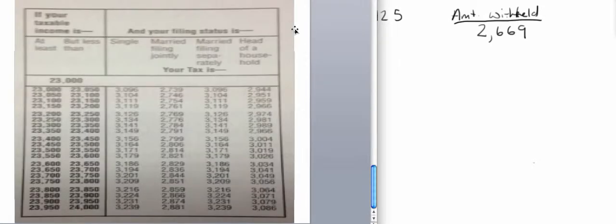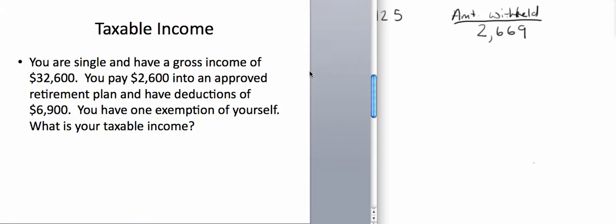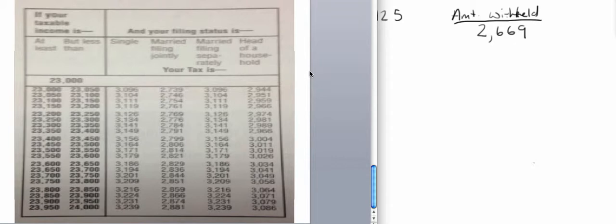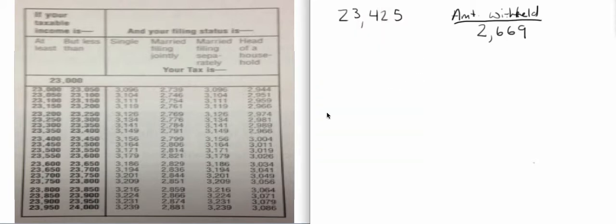So you'll be using a chart in your book. This chart is found on page 55, and it's going to look like this. This is a blurry picture of it, but that's okay. So what we've got is 23,300 to 23,350.